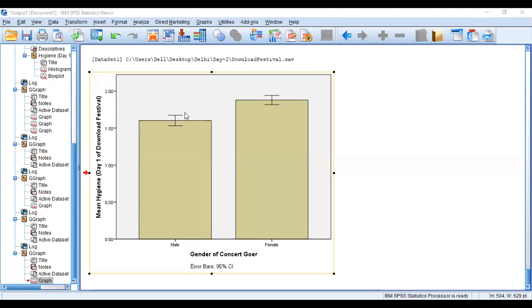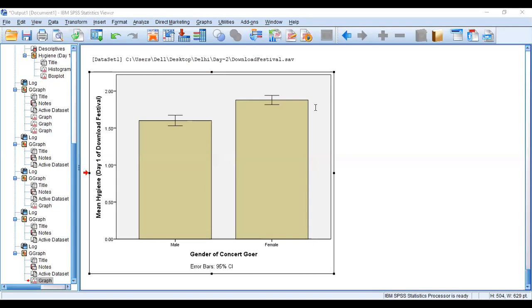It means if we take 100 sample means, 95 sample means will come under this region. Only 5% of sample means may come above this particular whisker and below this particular whisker. So this is about the error bar chart.